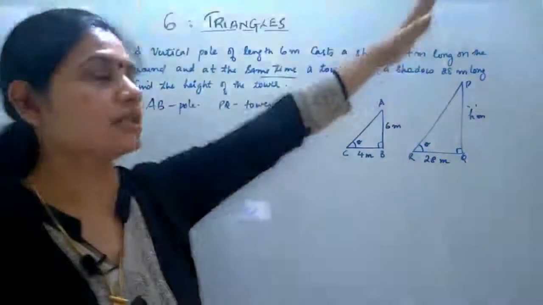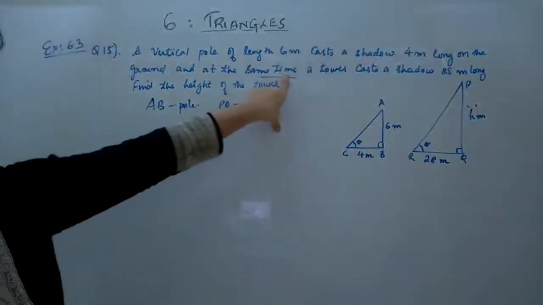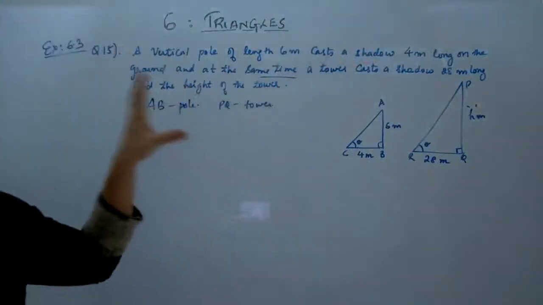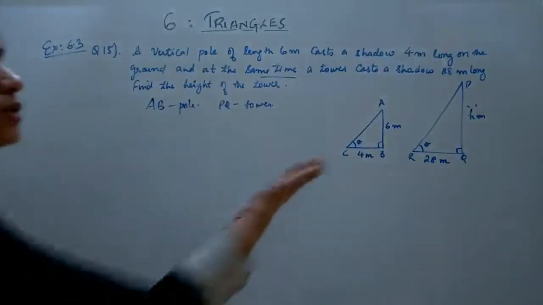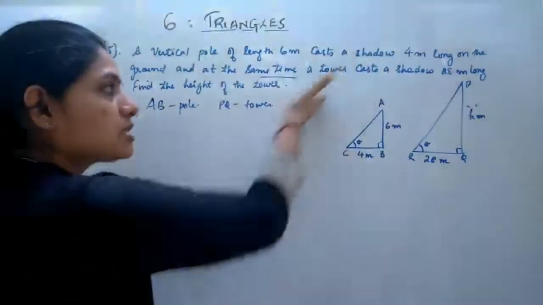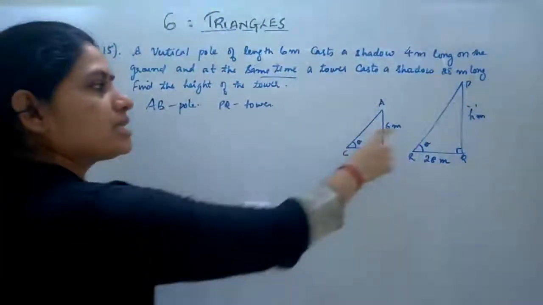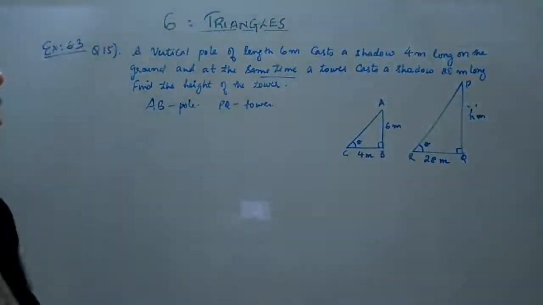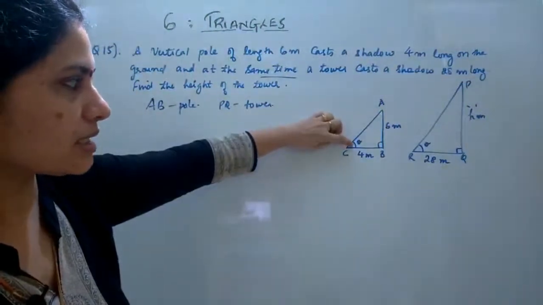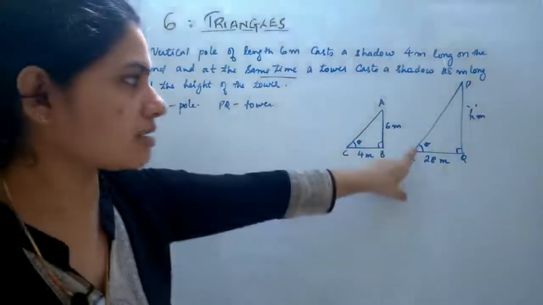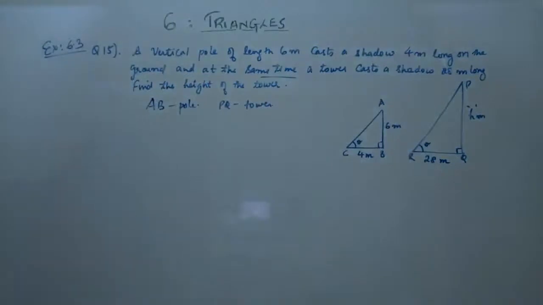At the same instant, the angle of the sun with respect to the ground will be the same for both. I have marked it as theta. So this angle and this angle will be the same, and let it be theta.